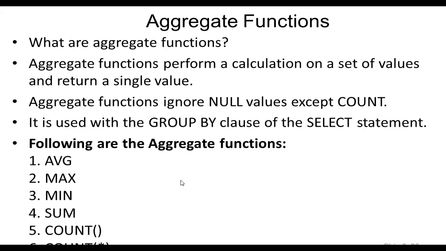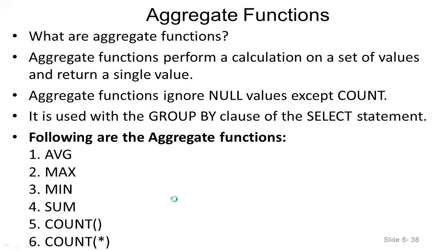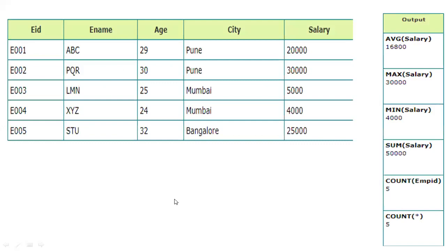Now let's see what the aggregate functions are. AVG stands for average, MAX maximum, MIN minimum, SUM summation. Then the other things you have are COUNT and COUNT(*). We'll look at an example to understand.